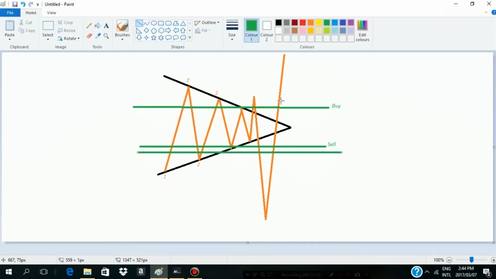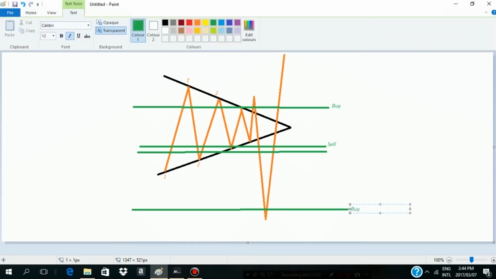If you are in front of your market, your charts, and you see this, you should actually place another sell. And then you could actually place another buy at the bottom down here once you see it turning around.